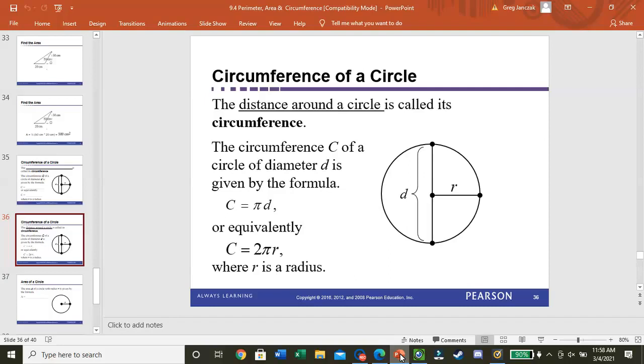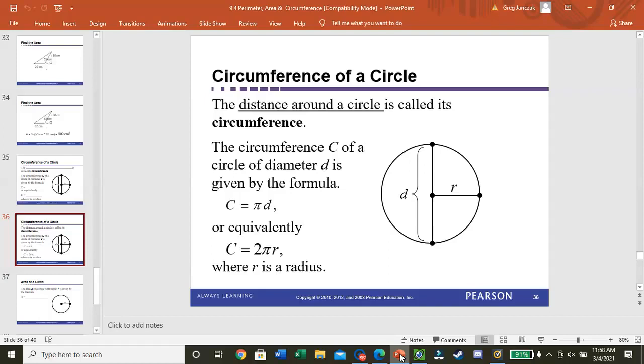So we're going to add that to our formula list. So circumference, so we'll put circle here. So circumference is 2 times pi times the radius, or pi times the diameter, since the diameter equals 2 times the radius.